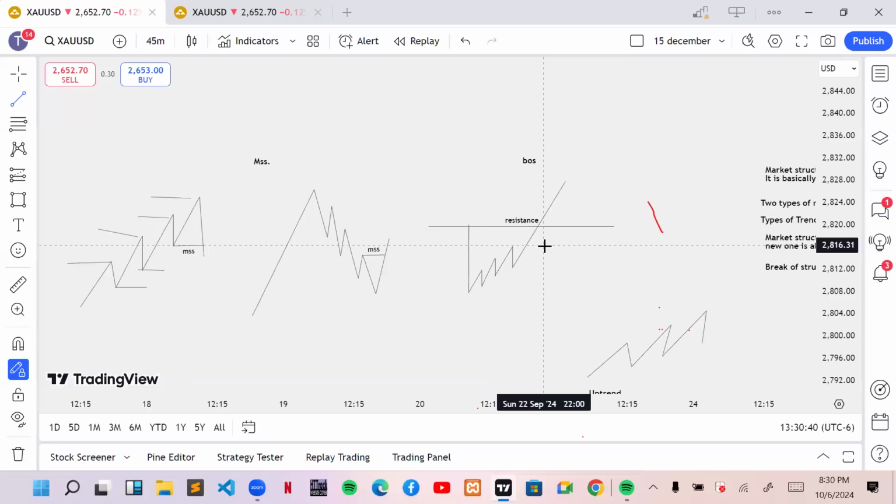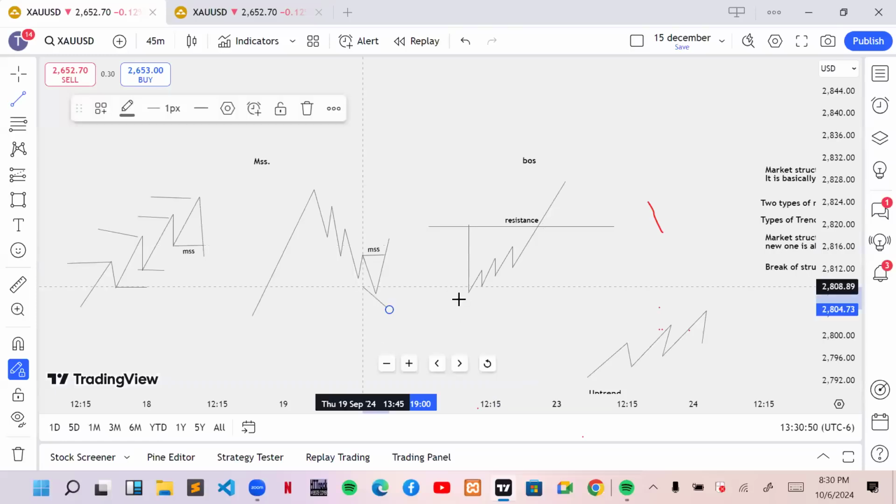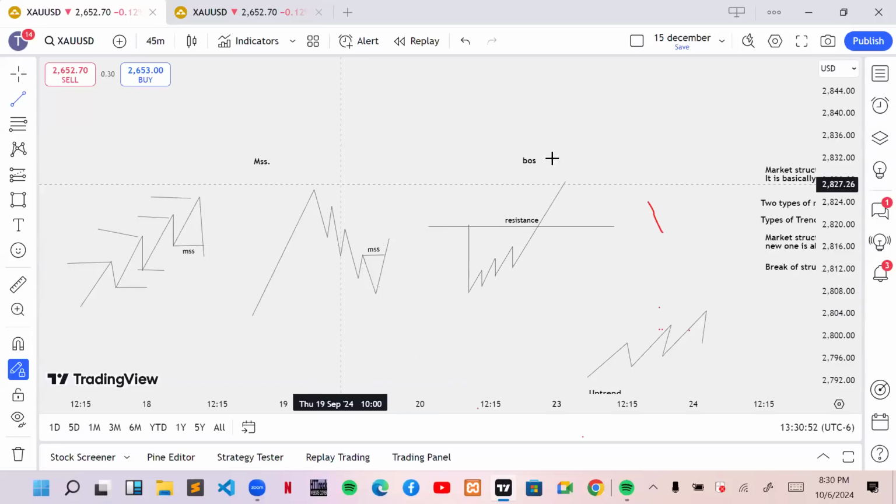In a market structure shift, it changes direction to the opposite side. In a break of structure, it still maintains its current direction, but it breaks a key level in the market. So this is the break of structure for an upside, and then this one should be a break of structure for the downside.